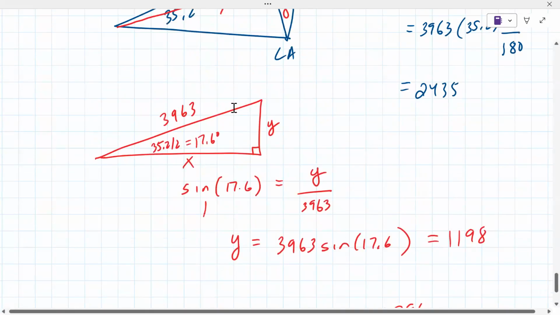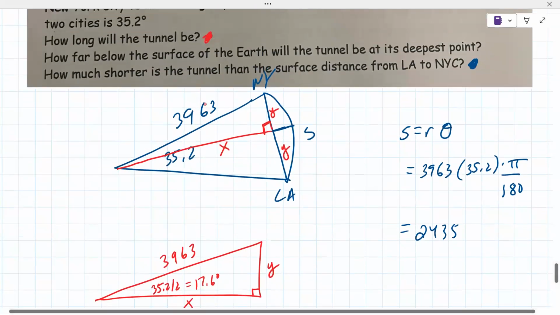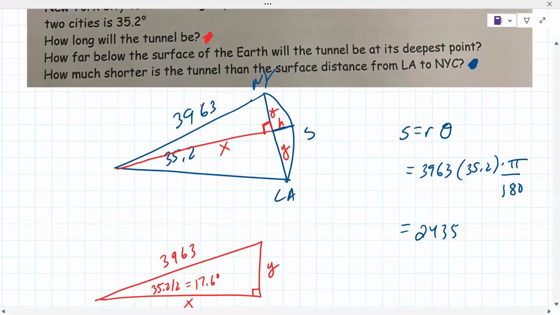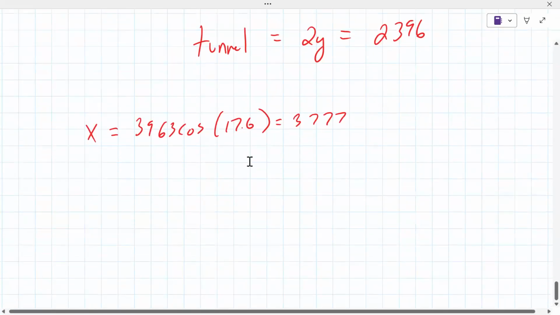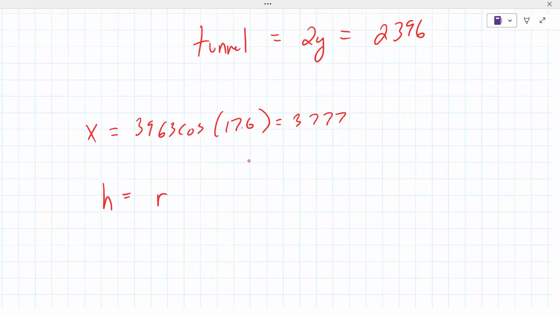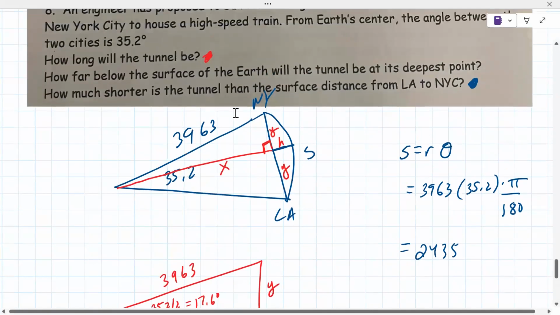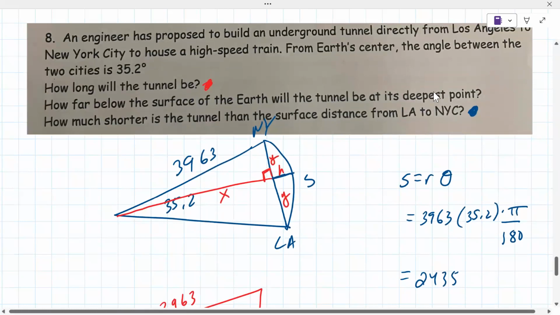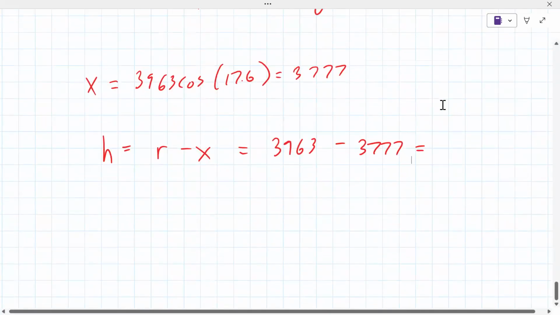Okay, so this little H here, I'll call this H. This H is the radius minus X. It's 3963 minus 3777. That's what they're looking for in that second part. That's how far below the surface it will be at its deepest point.